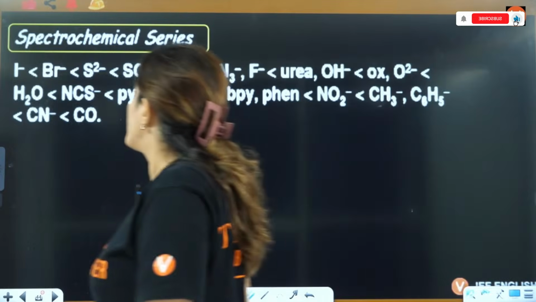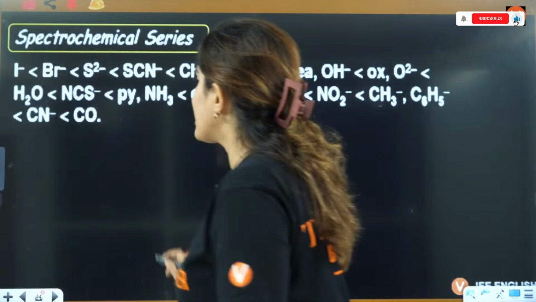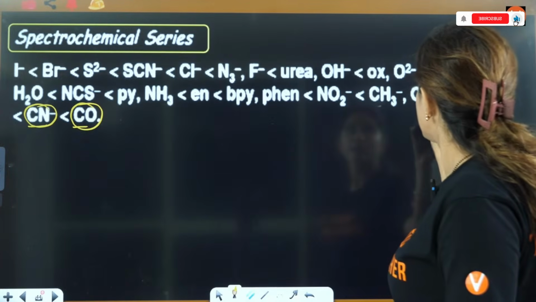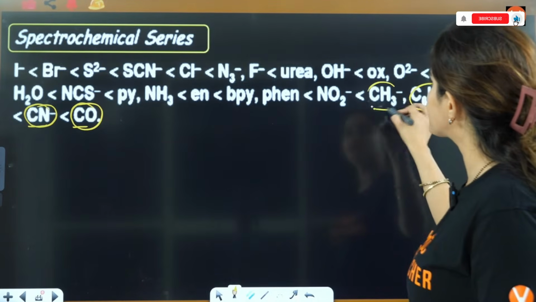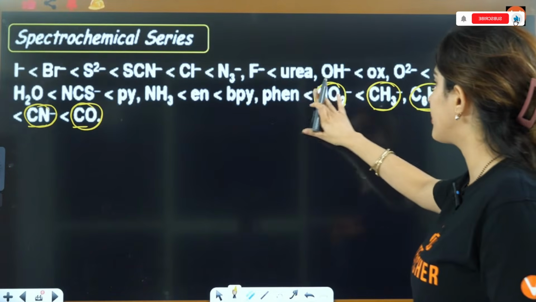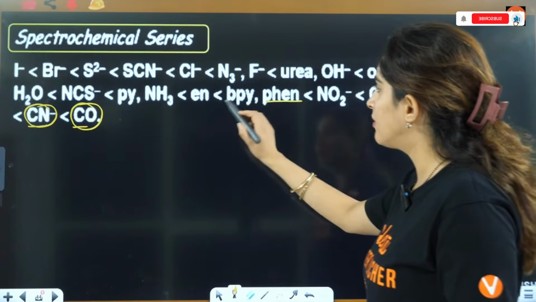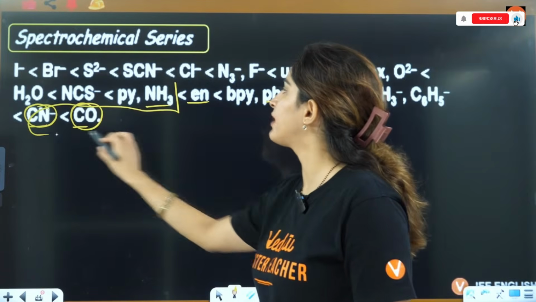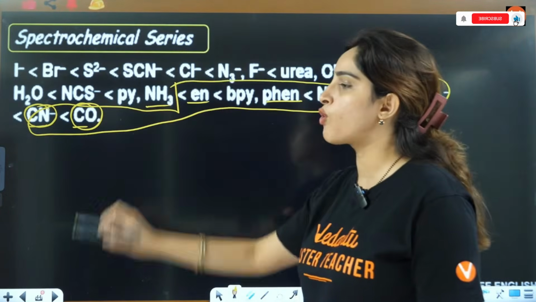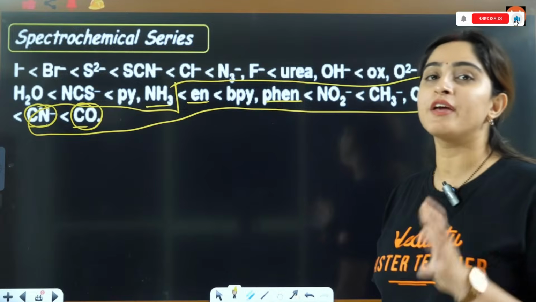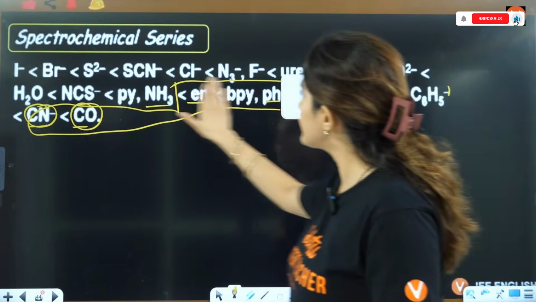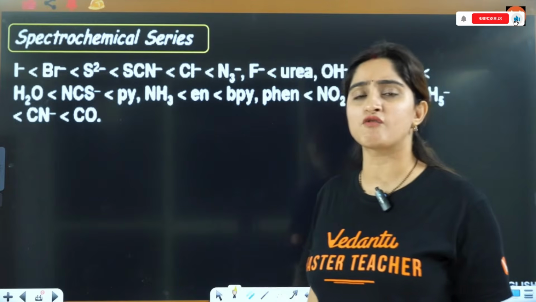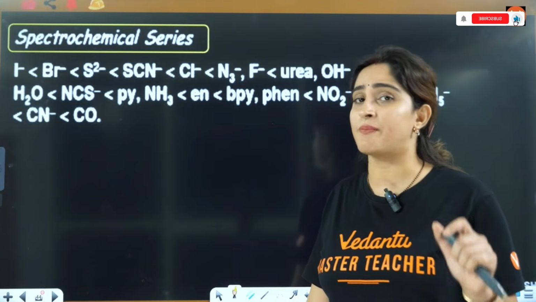So, if you see this theory, carbonyl is strong field, CN is strong field, C6H5 strong field, CH3 strong field, NO2 strong field, right? Phen, biphenyl, en strong field. Till here, all of them are very strong field. There is no question about it. They will always behave as strong field, right? And ammonia, in most of the cases, will behave as strong field, but there are some exceptions as well.